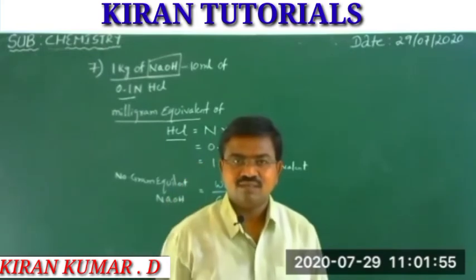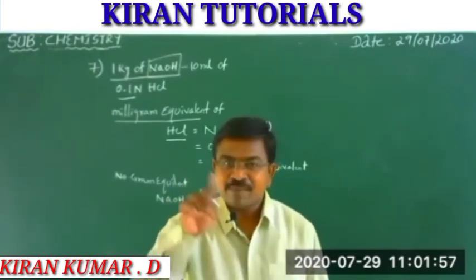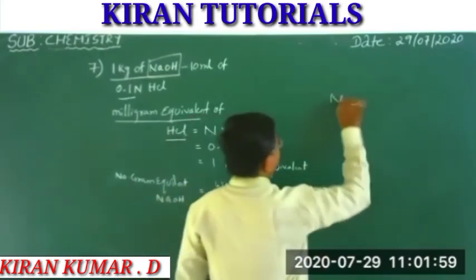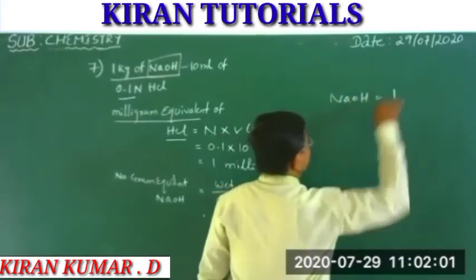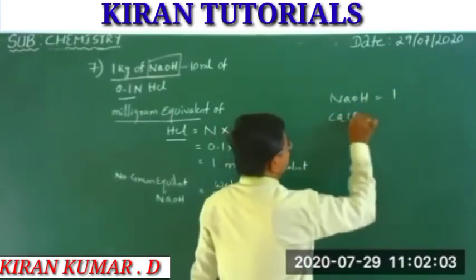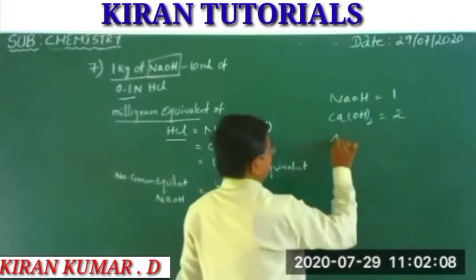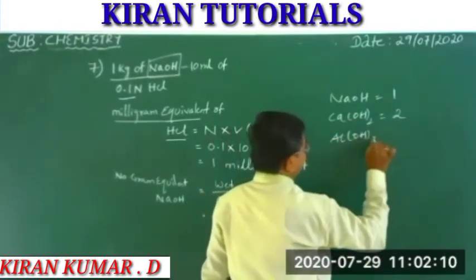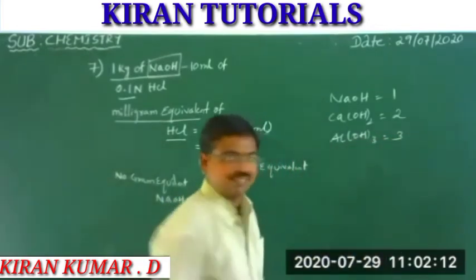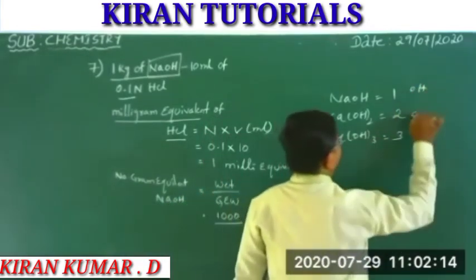Only one. Here, NaOH, it is 1. Calcium hydroxide, 2 are present. Aluminium hydroxide, 3 OH groups are present. You know very well.